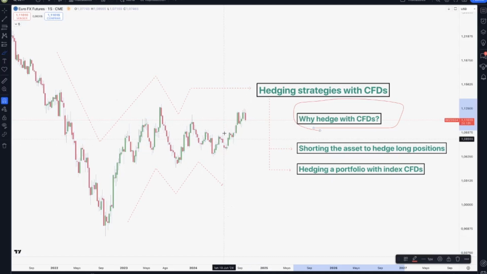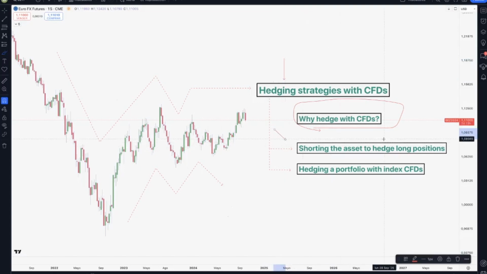Third, we have profit in both directions, so you can take short positions to profit from falling prices, which is key for hedging itself. And finally, it helps us diversify hedging, a wide range of assets, including indices, stocks, commodities, and even Forex. So I wanted to give you two of the most popular and common hedging strategies with CFDs.